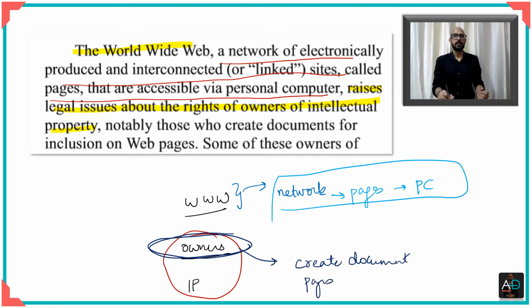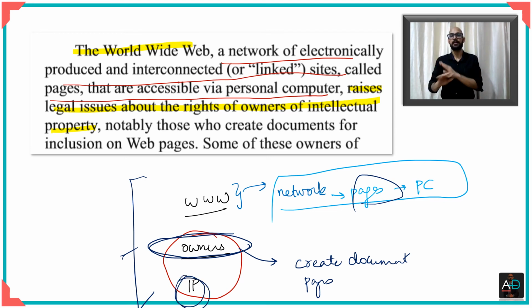That means this first sentence says that the World Wide Web is basically some pages and there are issues about the intellectual property of those who put documents on the internet. Very simple. Okay. Now that we've understood this, we've understood a lot about the passage. Let's go ahead.